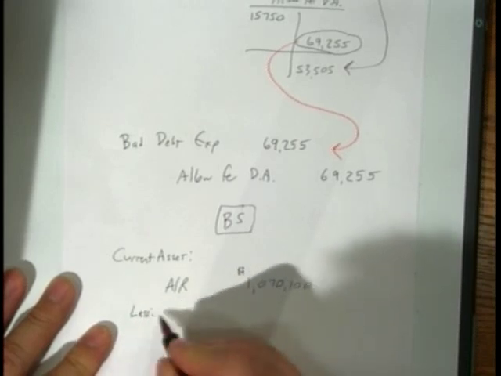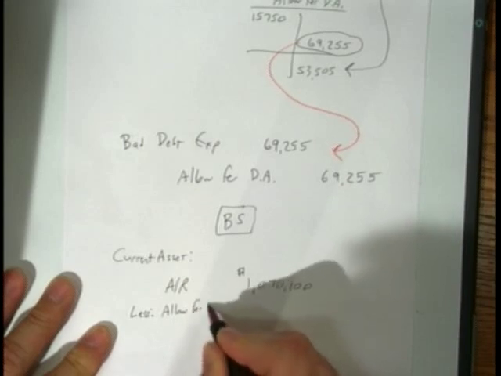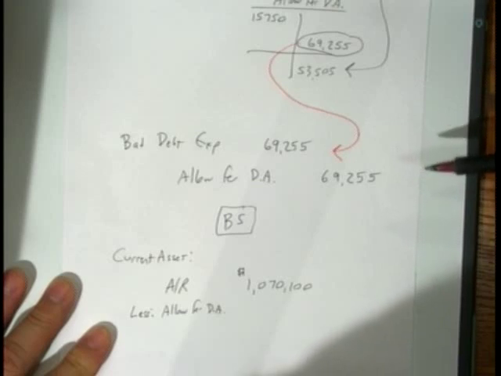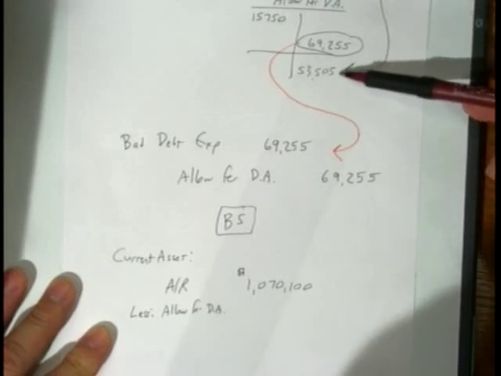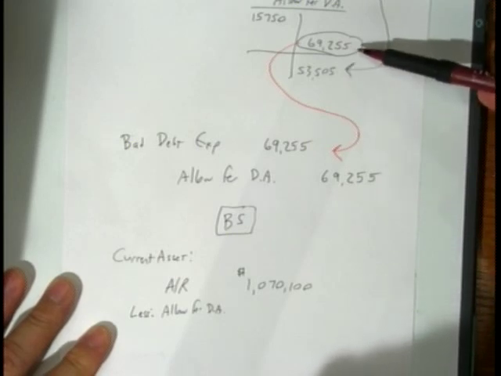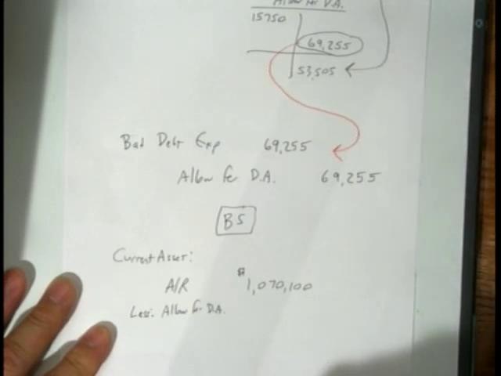Less the allowance for doubtful accounts of, what is the ending balance of allowance for doubtful accounts? It's right here, isn't it? 53,505, correct? It's not the entry we made to it, it's the ending balance, correct? Whenever we do balance sheets, we're always pulling the ending balance.